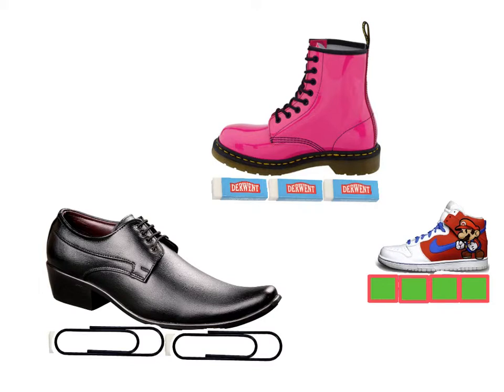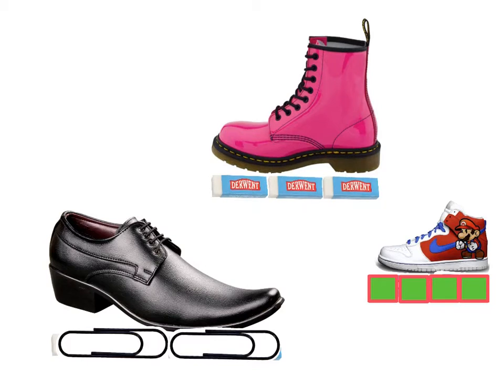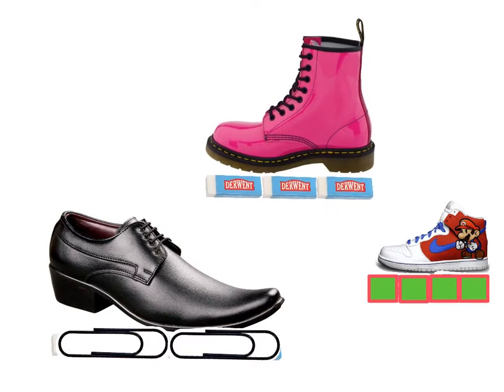Because look here, this black shoe only has 1, 2 paper clips. So it's only 2 long paper clips long. And this here is 3 rubbers long, and this shoe here is 1, 2, 3, 4 squares long.